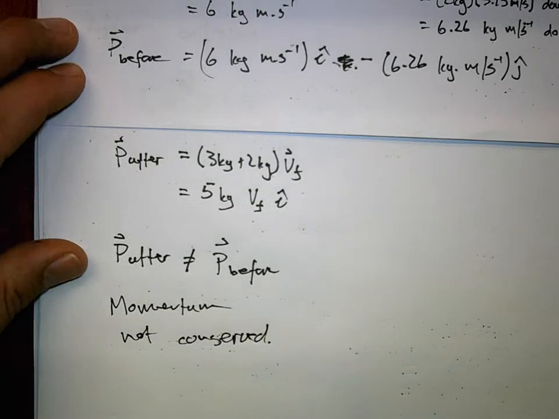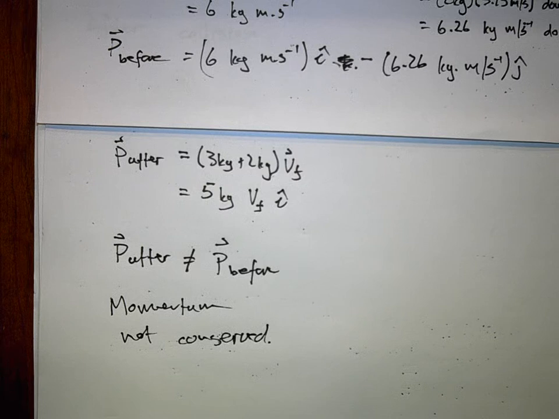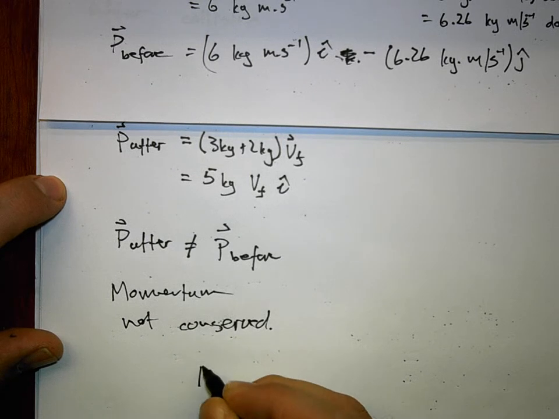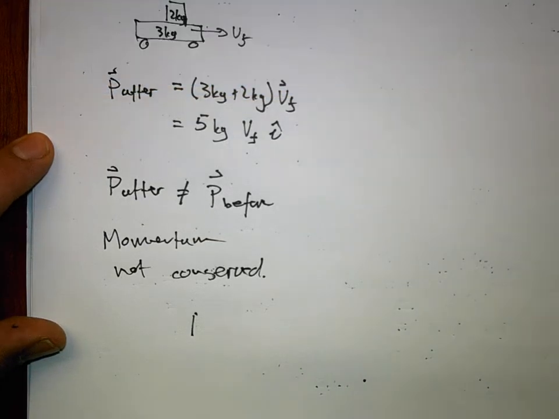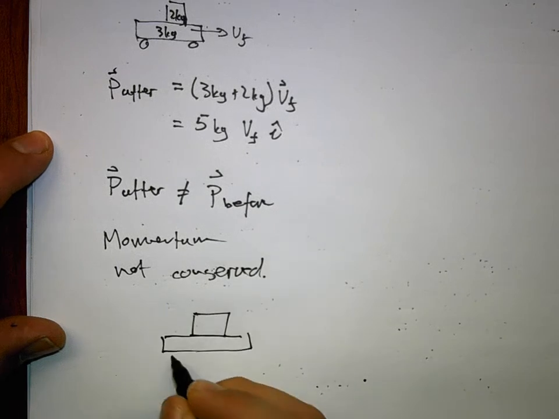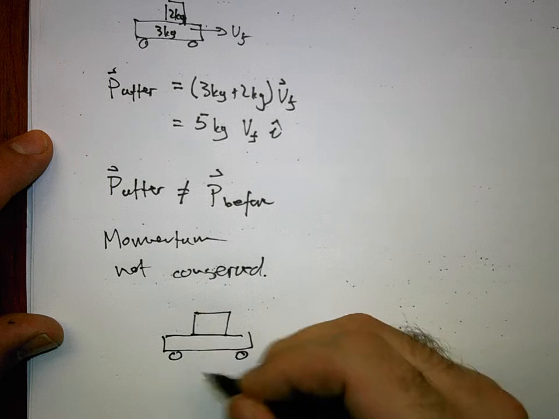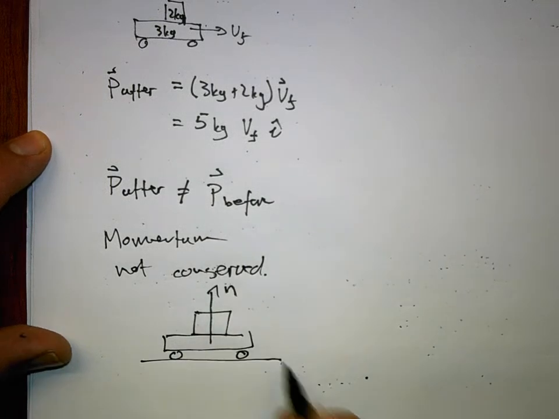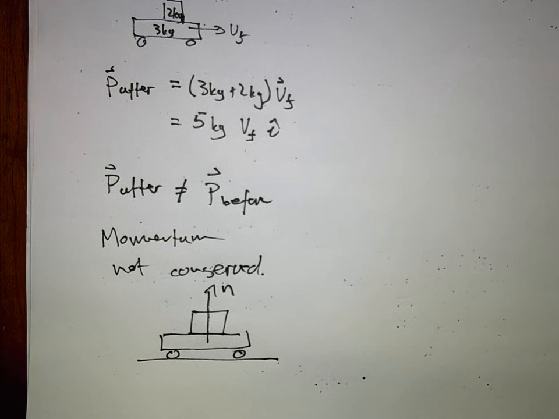The question is, why is momentum not conserved in this instance? So we said momentum is conserved for an isolated system. Now, this is actually not an isolated system, because when the mass hits the trolley, there is a normal force from the earth on the trolley that prevents it from moving into the surface.